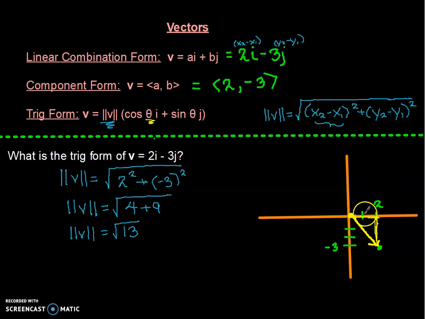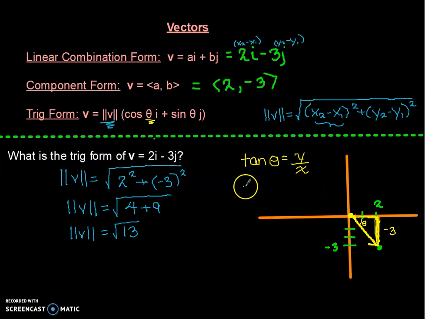So the adjacent side correlates with the x, which is 2. The height of the triangle correlates with the y value, or the opposite side, which is negative 3. The angle is always by the origin. So notice I have opposite and I have adjacent. So that's why the angle itself is always y over x.